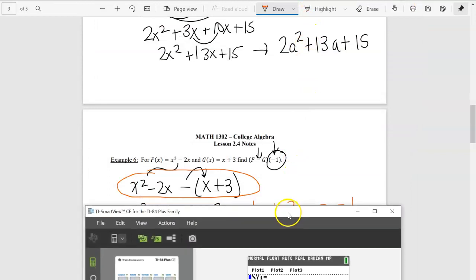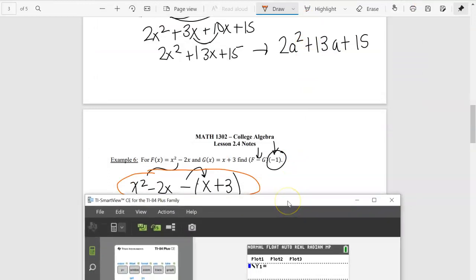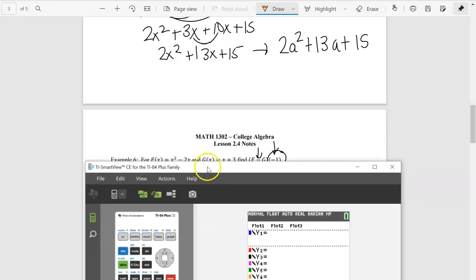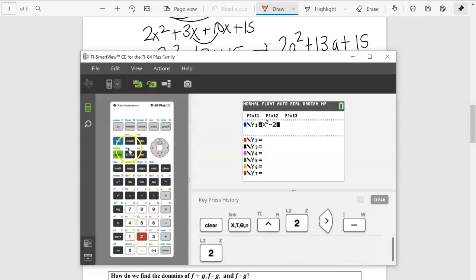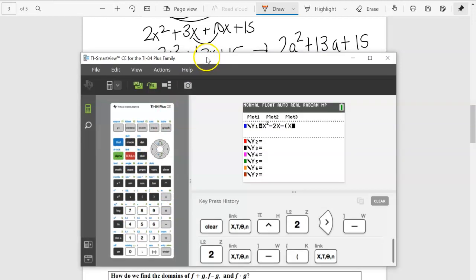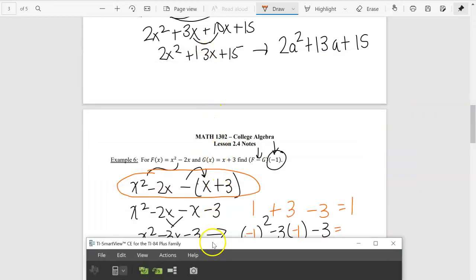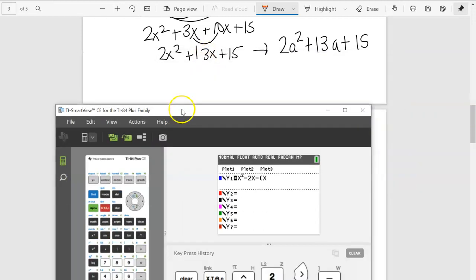Our equation here was x squared minus 2x minus, in parentheses, x, was it plus 3? Plus 3.